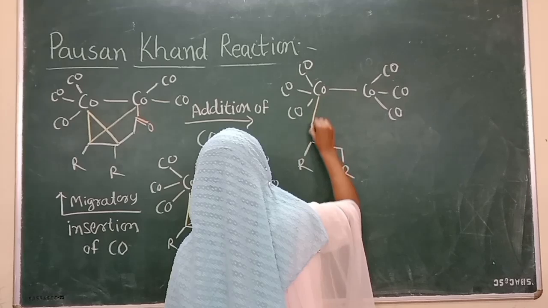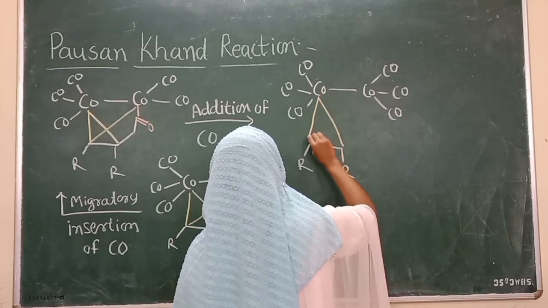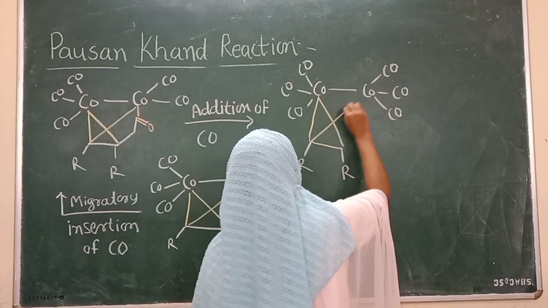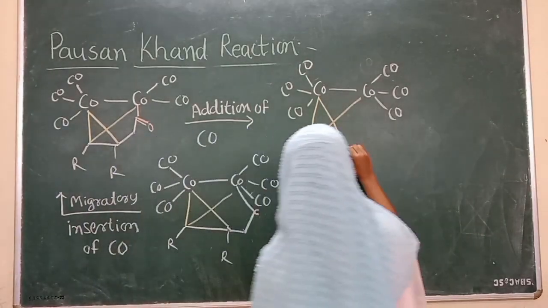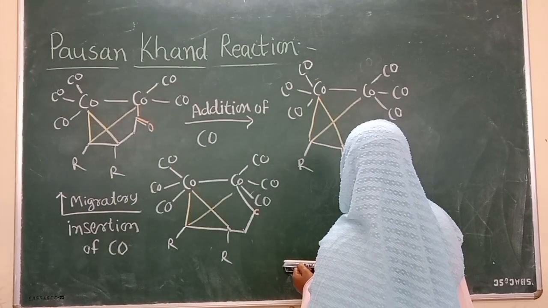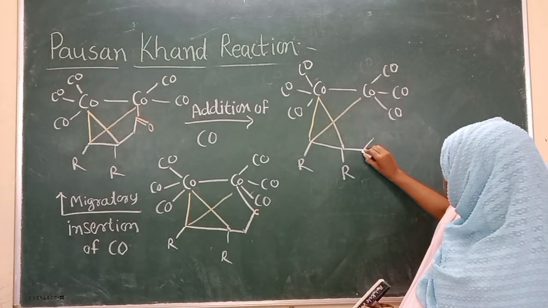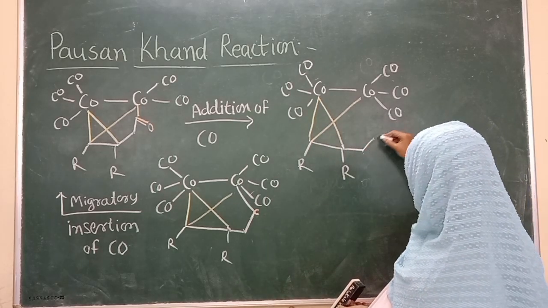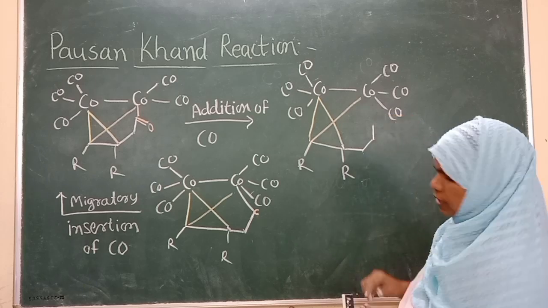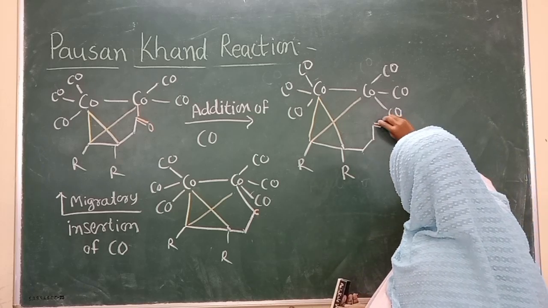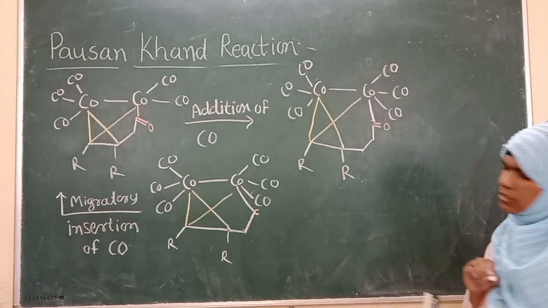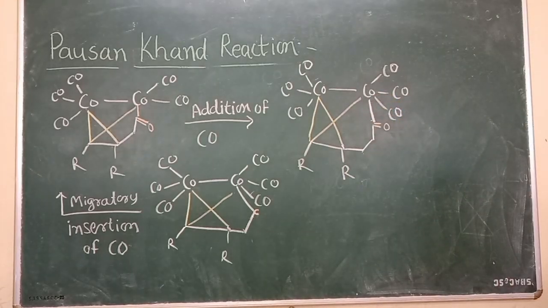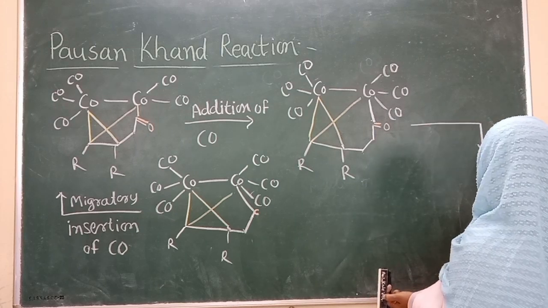This cobalt is bonded to both carbons. After that, the second molecule, first carbon of alkene, second carbon of alkene. After that, your carbonyl compound is showing this color, this type of structure. Here, reductive elimination takes place.